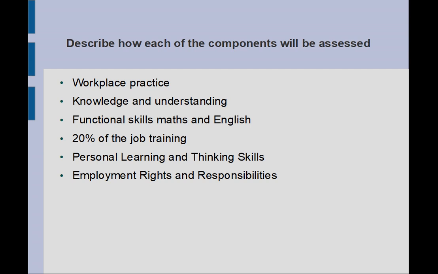Think of a work activity. Think of a time when you were at work. You would write down what happened, say what went well, what didn't go so well, and then what you've learned and what you'd do differently the next time. So that might be one way to give evidence that you've met this criteria.